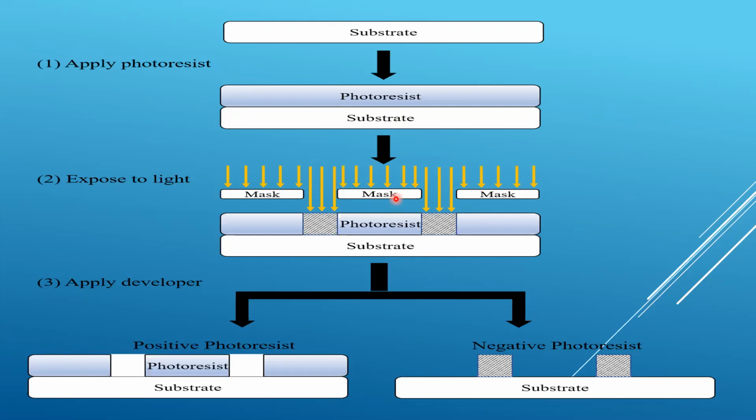Then we go with another step, that is apply developer. By using a suitable chemical, the image is developed. Image is developed means what? Patterning of the mask on the surface of the substrate takes place. That is what happens with the help of the developer. Now, how can we choose the chemical?